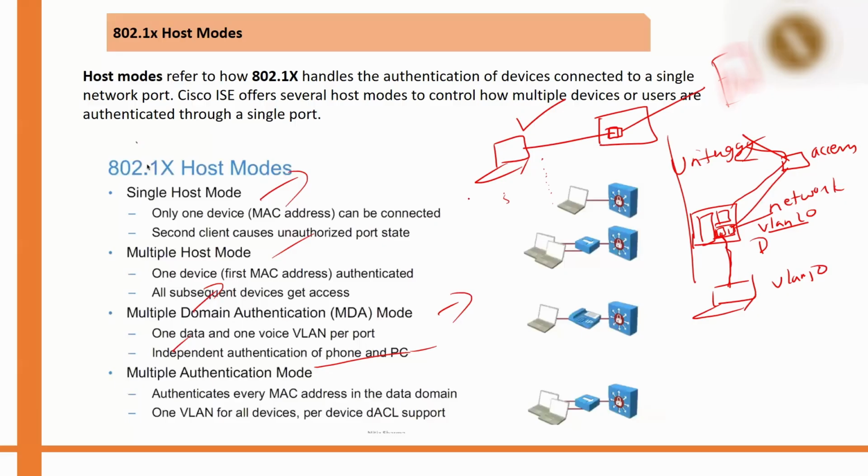The second shift person comes and connects, and he also gets authenticated. The third person comes, and he also gets authenticated. So all the devices are getting authenticated here. That's the multiple authentication mode. Single host mode, multiple domain authentication mode, then multiple authentication mode. These are the different authentication modes at the supplicant level.